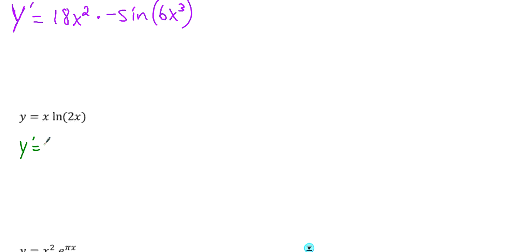Because to take the derivative of this one, we have a product rule going on. So we'd find the derivative of our first function, which is derivative of x is 1, times the natural log of 2x, plus x times, and now the derivative of ln of 2x, we would normally have to do chain rule, but now we have the inside-outside rule.